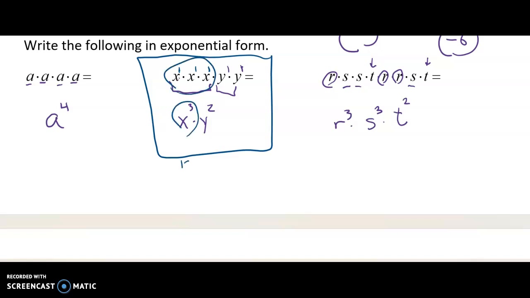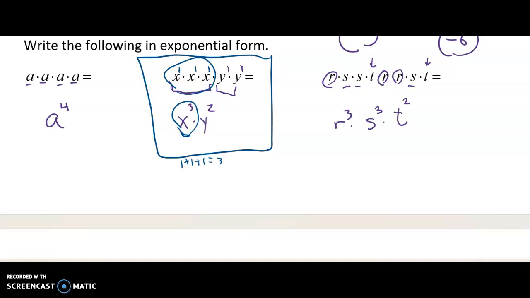Note, 1 plus 1 plus 1 equals 3. So we added these exponents to get our combined answer. Y to the 1 times y to the 1 is y squared. We added our exponents, 1 plus 1, to get 2.